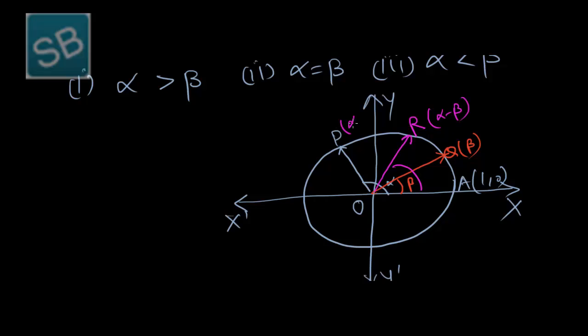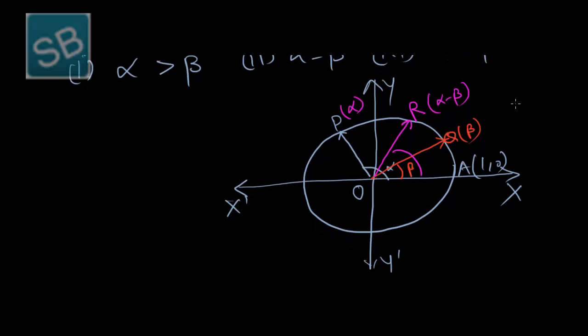This is P of alpha, with coordinates cos alpha, sin alpha. R has coordinates cos of alpha minus beta, sin of alpha minus beta, and Q has coordinates cos of beta, sin of beta. These are the coordinates of P, Q and R. So we are going to discuss the first case, that is case 1, alpha greater than beta.